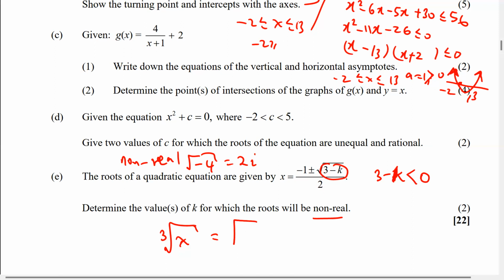With the cube root of x, you can have -8, not a problem. Even your calculator will give you -2. But if it's a square root, -8 makes no sense. So that's the only way they can ask for non-real roots: you make whatever is under the square root less than 0.